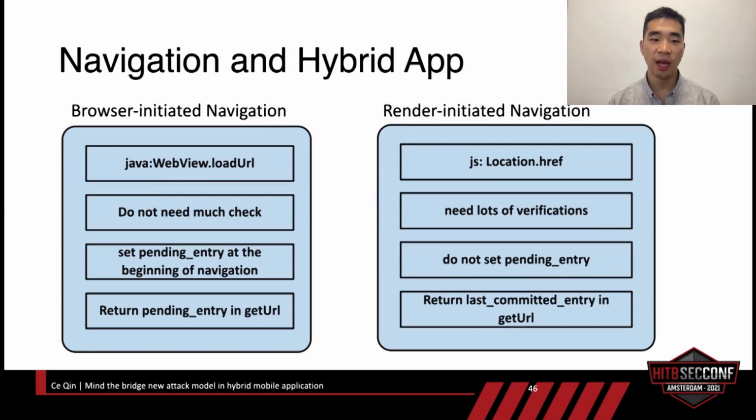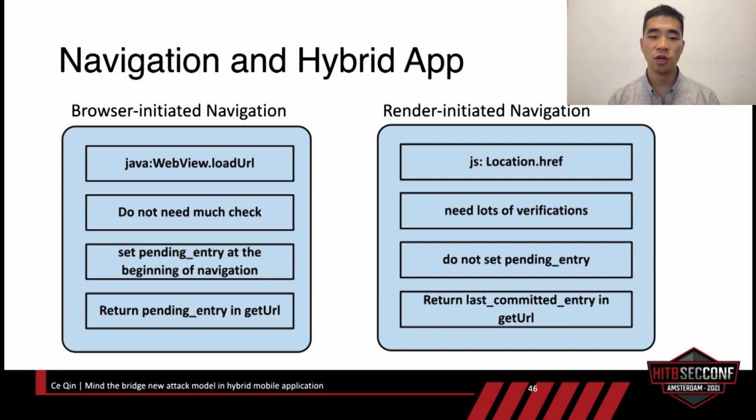In a hybrid app, render-initiated navigation can be triggered by JavaScript code, so it is untrusted and needs lots of verification to ensure the context is not tampered with. Browser-initiated navigation is triggered by loadUrl. Most of the time, it is trustworthy.